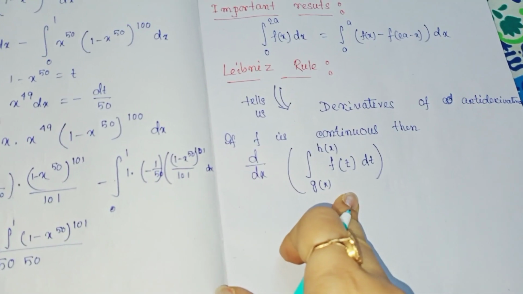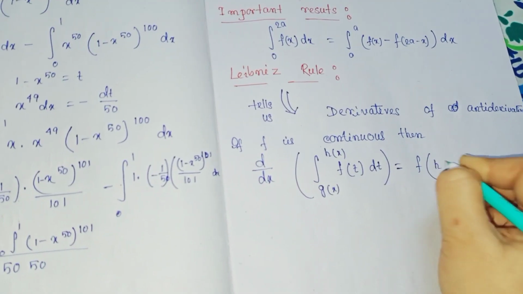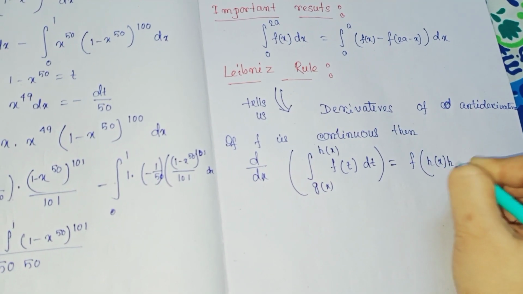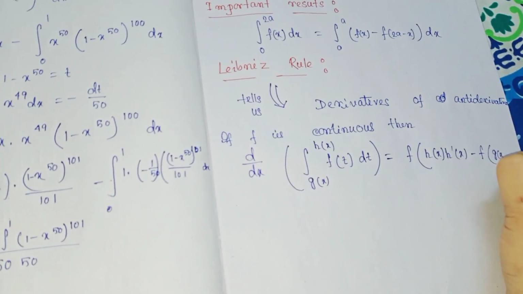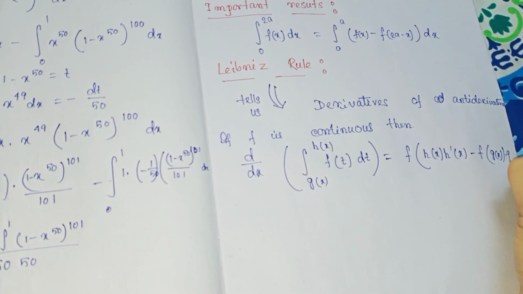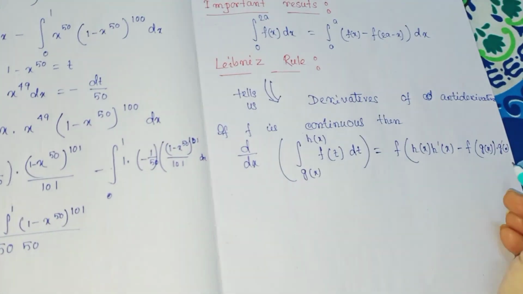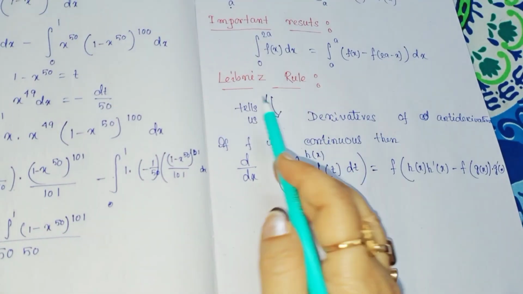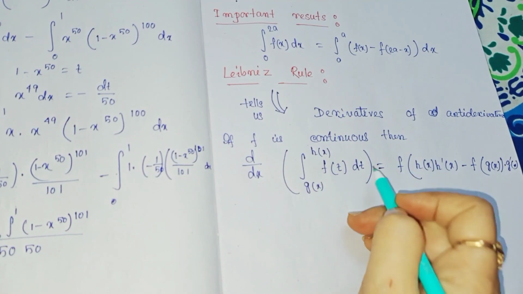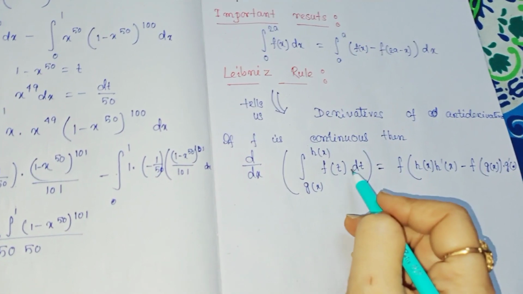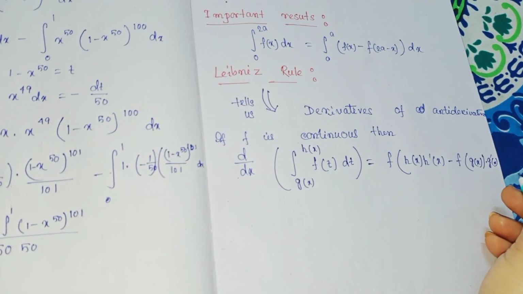When we take the derivative of this function, we get f(h(x)) times h'(x) minus f(g(x)) times g'(x). So this is the Leibniz rule, or Leibniz theorem. When we take the derivative of a definite integral, this is the result we get.